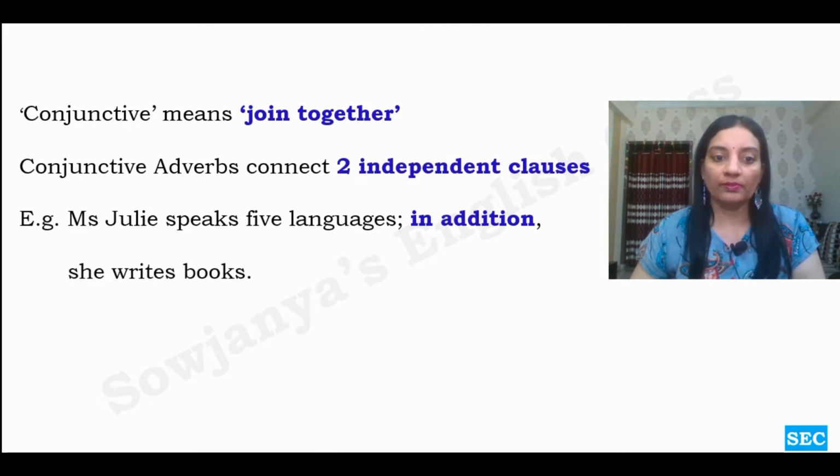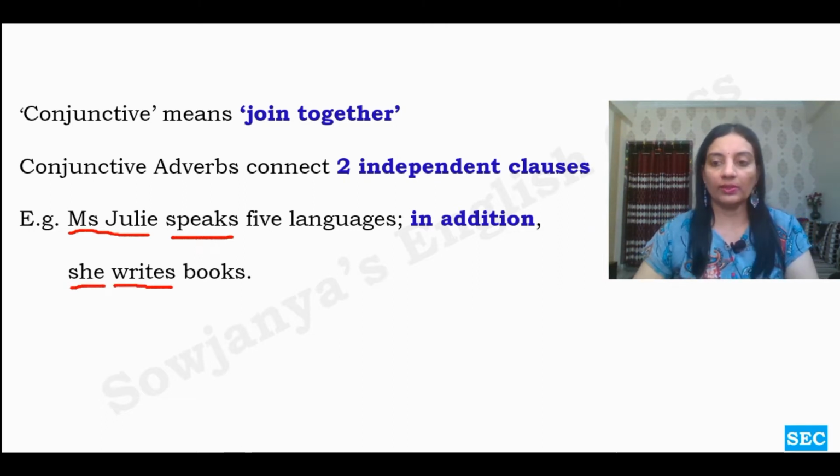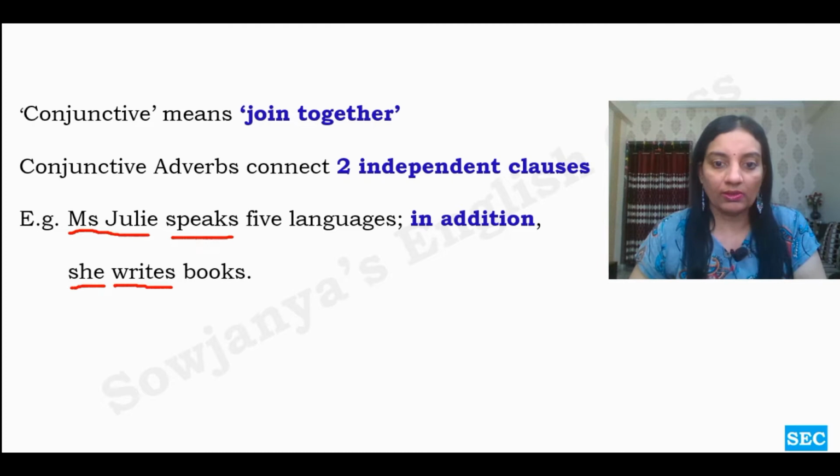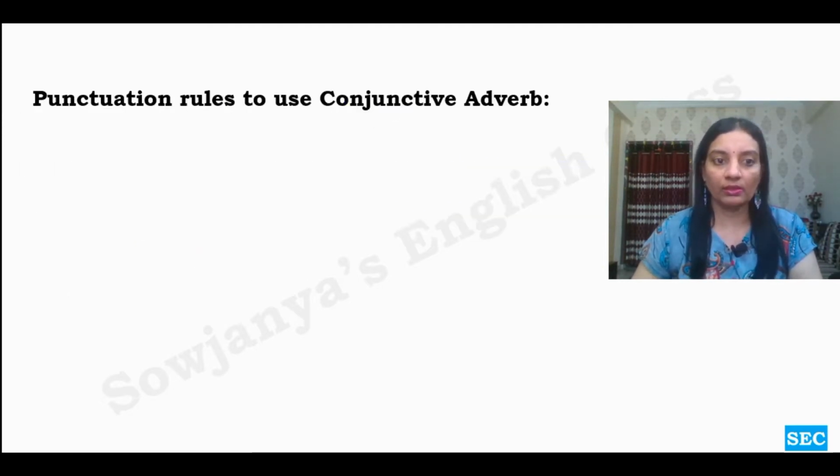So if you take this sentence, this independent clause has subject Miss Julie and a finite verb speaks. And even this clause as well has a subject and a finite verb. Both these are independent clauses joined together by a conjunctive adverb. Is it clear to everyone? So a conjunctive adverb connects two independent clauses.